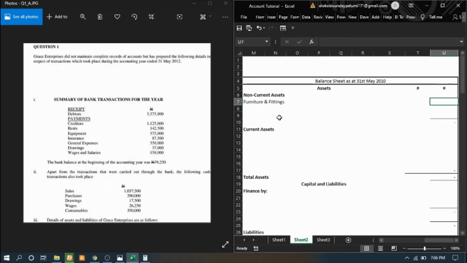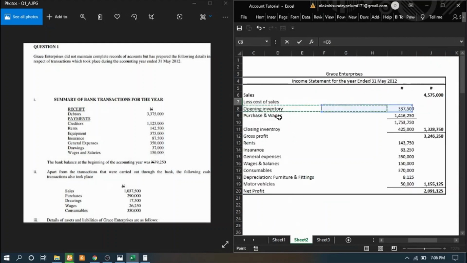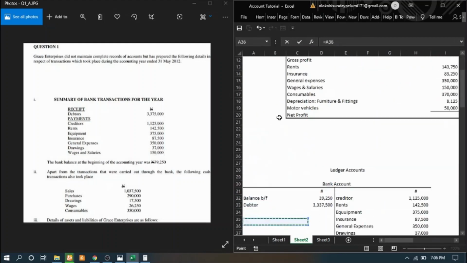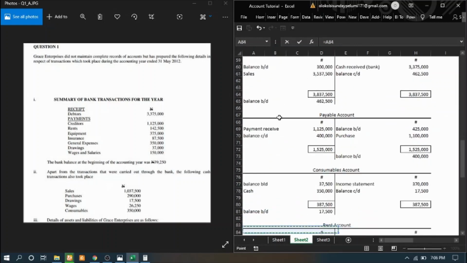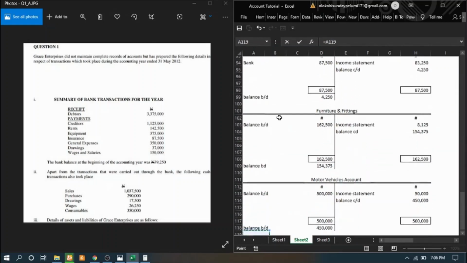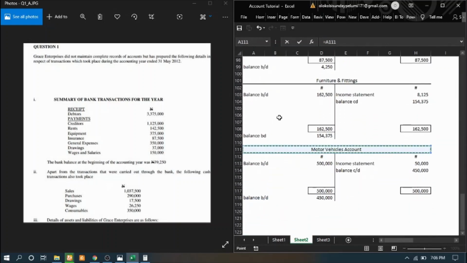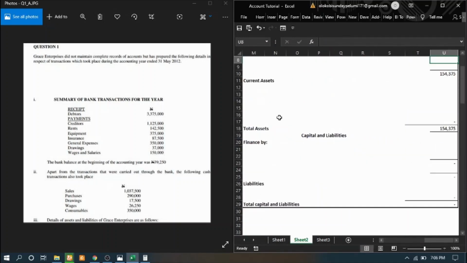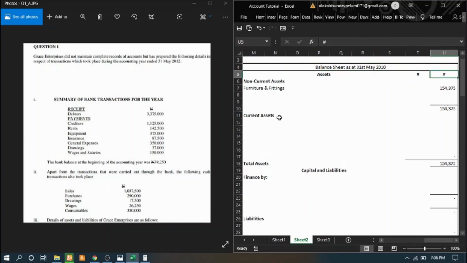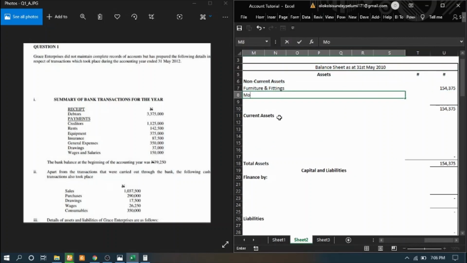What is the balance carried down, the closing balance of furniture and fittings after deduction of depreciation? Let's go back to the account. Okay, this is the closing balance here, 154. So we also have motor vehicle.